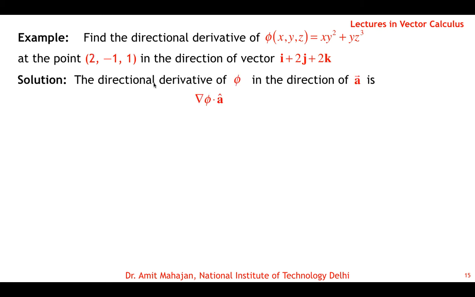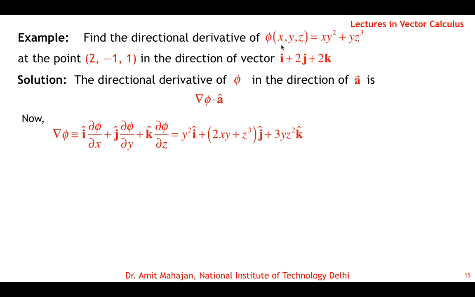First, we know that the directional derivative of phi in the direction of a vector is gradient phi dot a cap. So first we have to find the gradient phi. By definition, gradient is always normal to the surface. Phi is a surface, so gradient is normal to the surface, and so we have to find the normal, but we have to find it at this point. Then we apply this definition to write that normal in the direction of this vector.